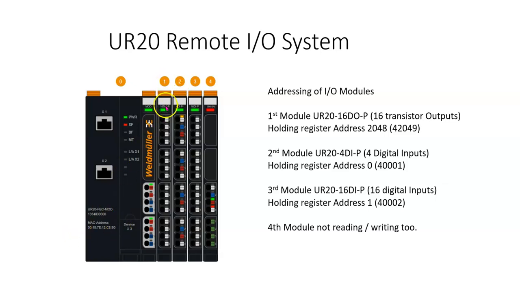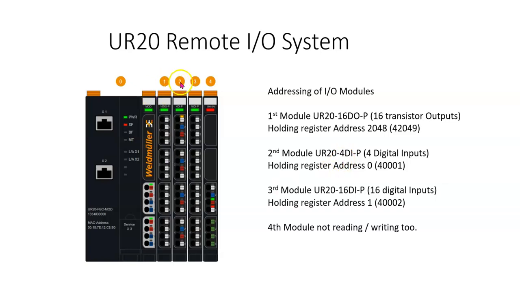And then in slot number 1, an add-on module, we've got a 16 digital output module with positive switching, PNP switching, and transistor outputs, and it uses holding register 2048, or in the old Modicon Modbus register system it's a 4X register 42049, if that means more to you than that address, okay.